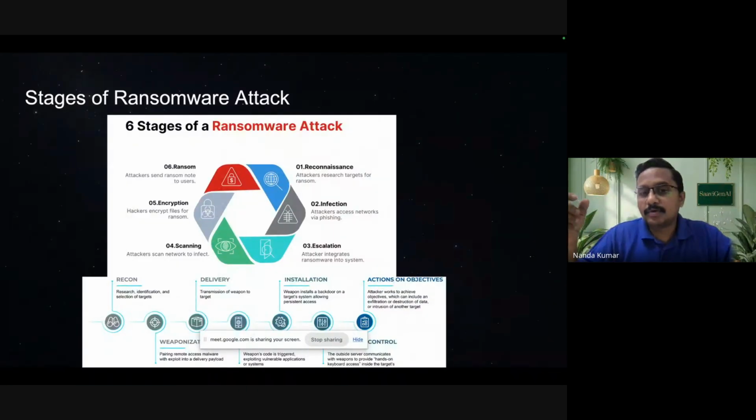Once I know this service is running and these are the possible vulnerabilities, then there are existing malwares or files that I can use to infect. I use those to attack and get into the system. Once I get into the system, as he was saying, I will try to escalate to the highest privilege account, and then start scanning from that system across the network to move laterally to other systems.